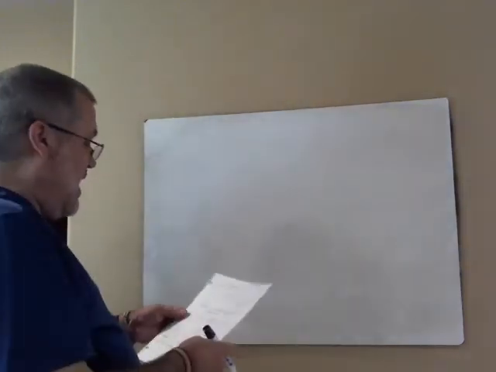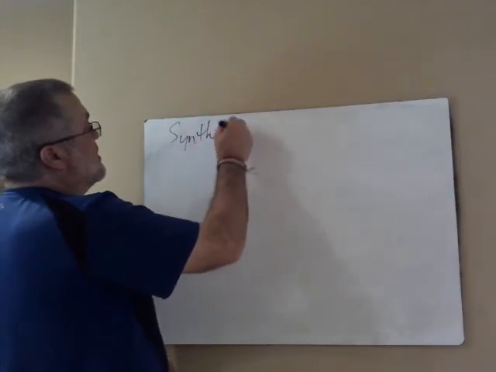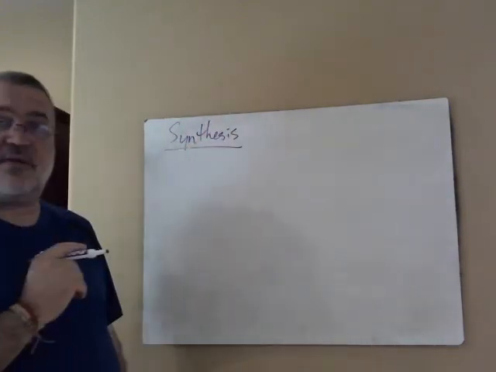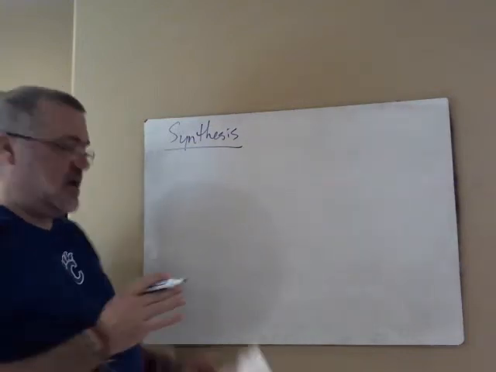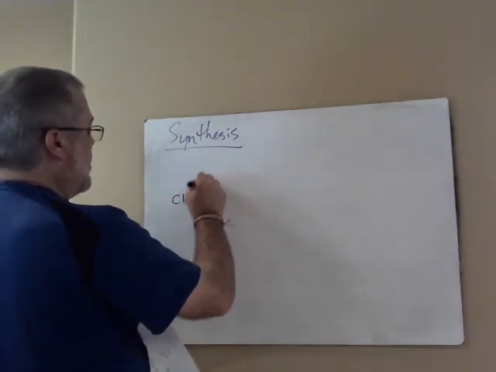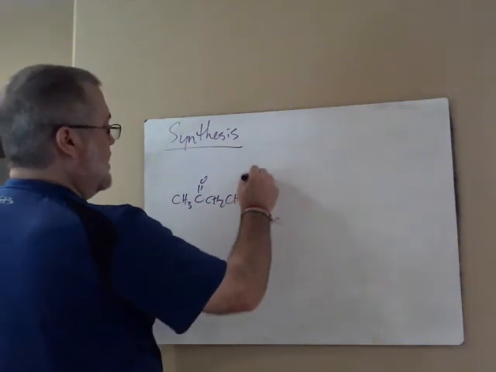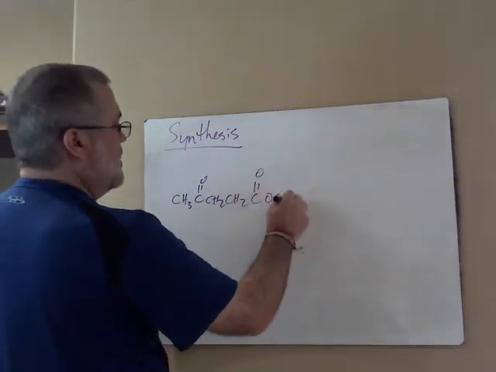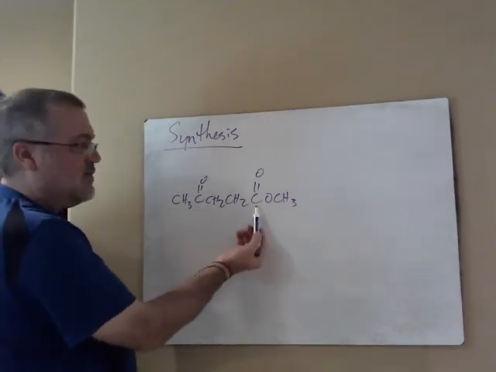And so you can use that in synthesis because that gives you some selectivity. For example, if you have a molecule like this that has two carbonyl functionalities, one of them is going to be a ketone functionality, and the other one is an ester.